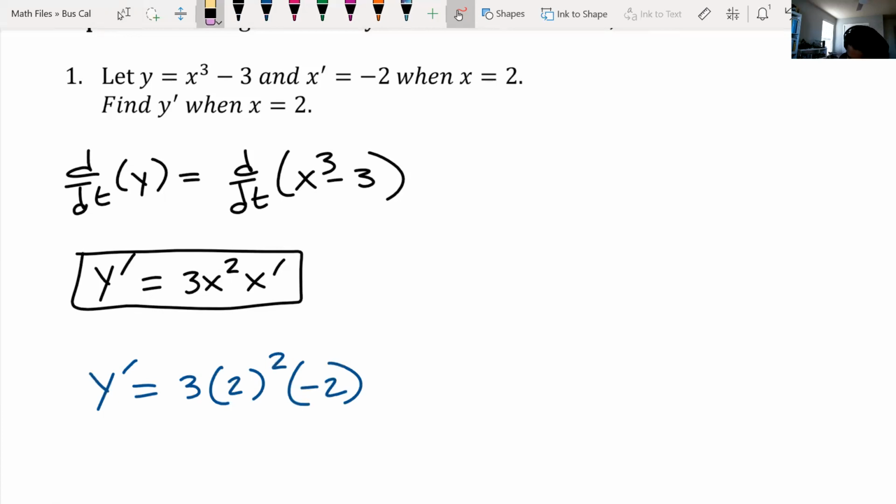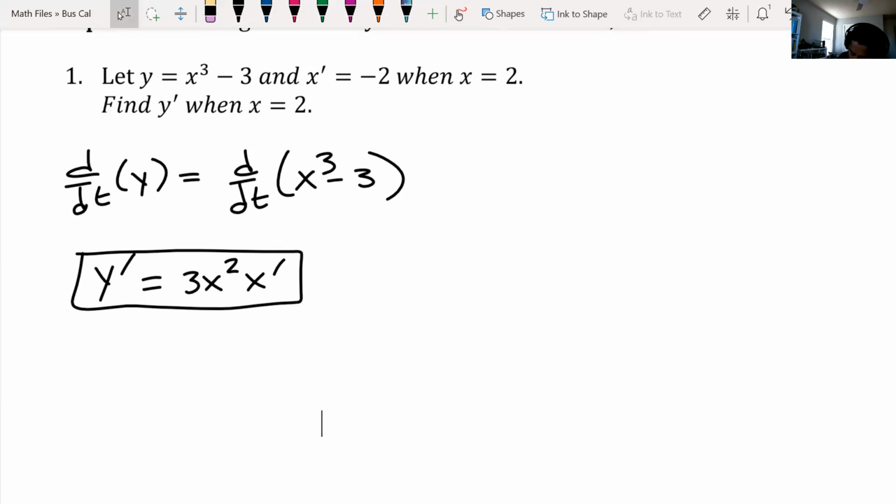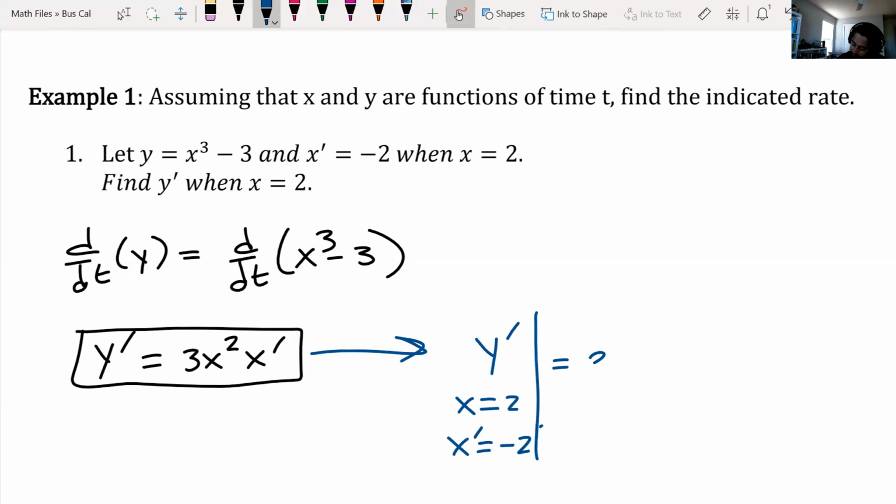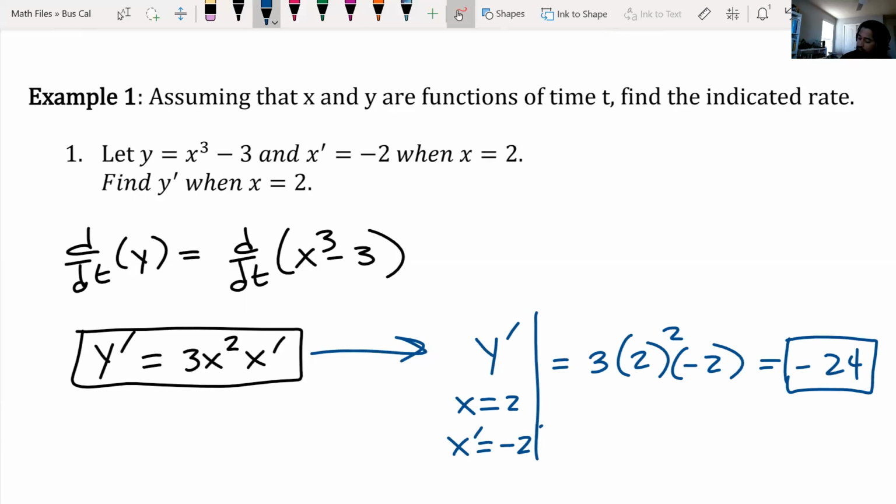Let me change this up real fast. We're going to say evaluate y prime when x is 2 and x prime is -2. So now you'll get 3 times 2 squared times -2. And y prime, that's going to be 3 times 4, 12. We're going to get -24. Okay, there we go. Any questions on that?